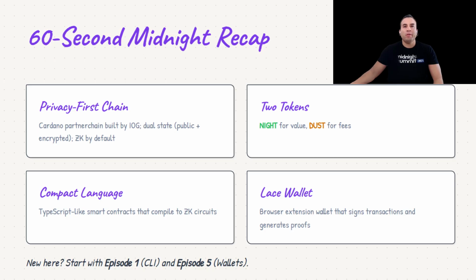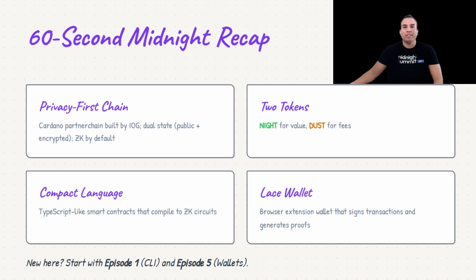A quick summary for anyone new. First, Midnight is a privacy-first blockchain, a Cardano partner chain built by IOG with a dual state model: public chain plus encrypted private data, secured by zero-knowledge proof. Second, it uses 2 tokens: Night for value, dust for fees.